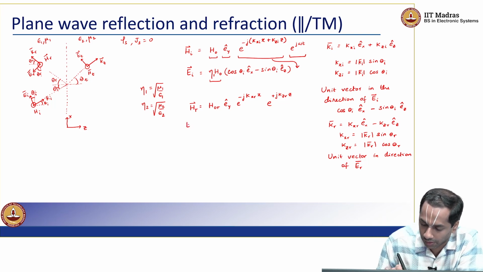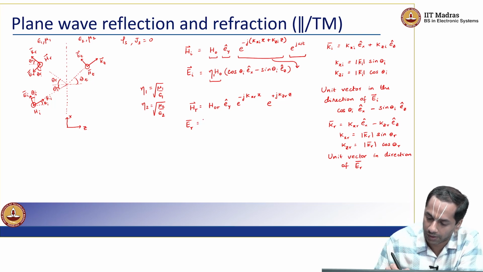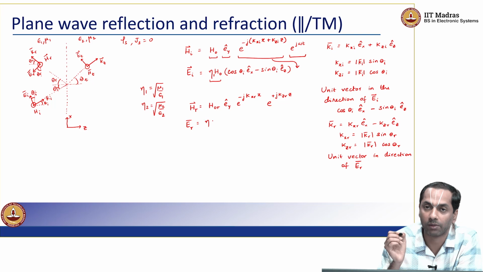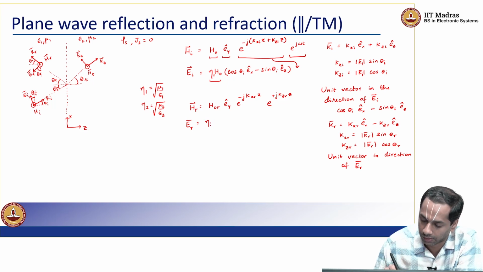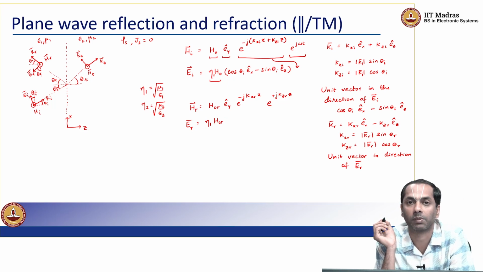Okay. So, we are going to have ER given by, remember the wave impedance in medium 1, it is still eta 1 H0R, that is my magnitude.